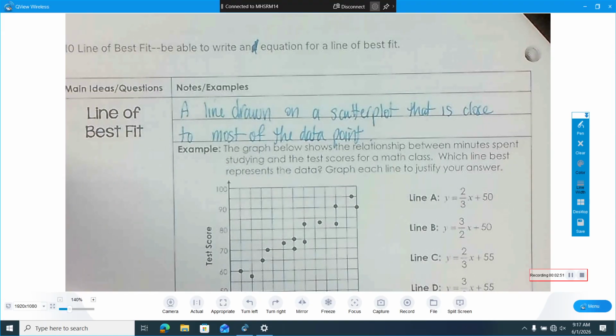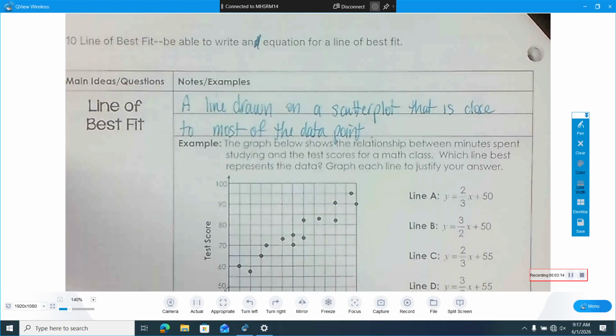I want to say that it's in between most of them. We can also use that line of best fit to help predict expected weights, for instance, or expected heights, that sort of thing.